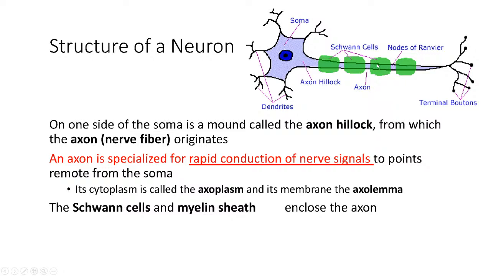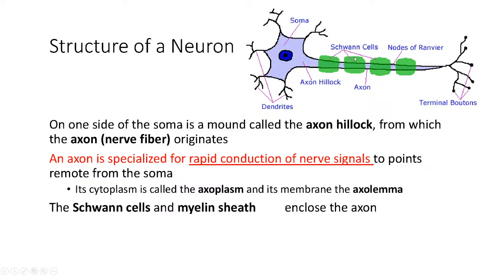In the peripheral nervous system, that is in the nerves and neurons that will travel out of the spinal cord to the rest of the body, you're going to find these Schwann cells. They create a sheath around the axon called the myelin sheath, and it's about, I want to say it's about 80% lipid, about 20% protein.